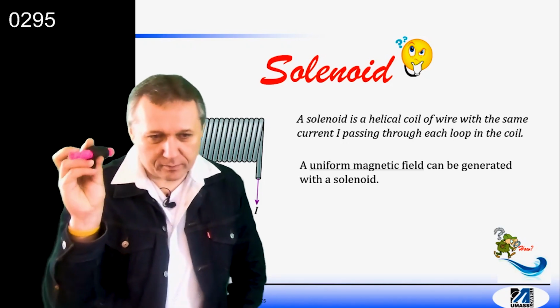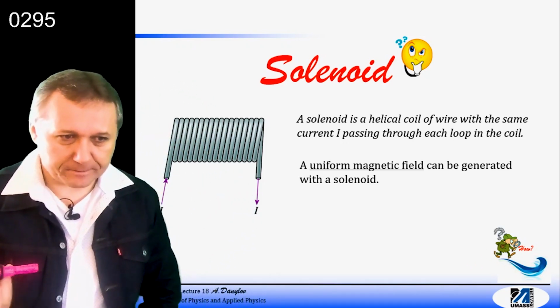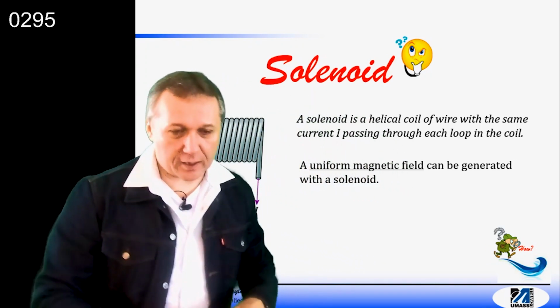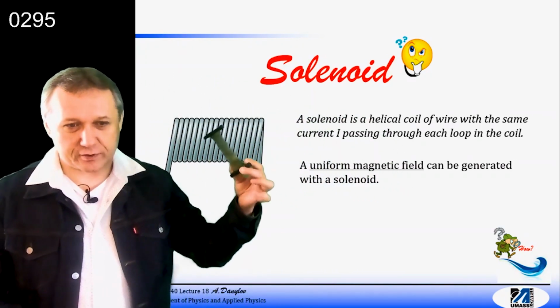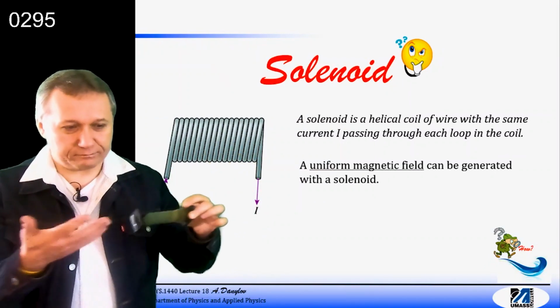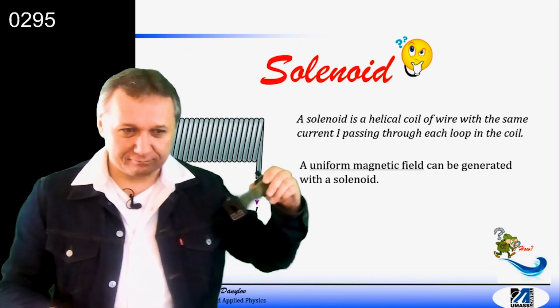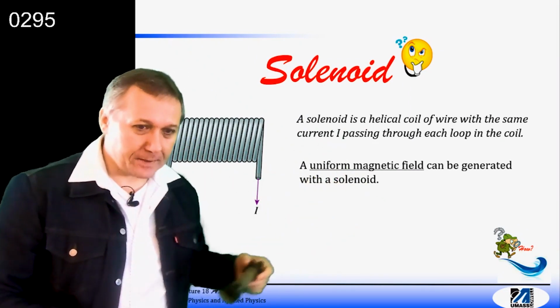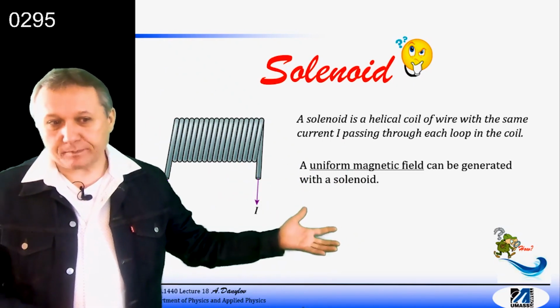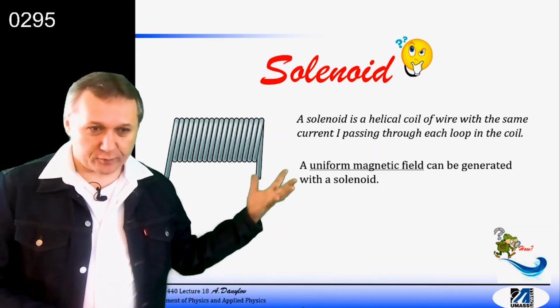Not the best one, but it will be a solenoid, right? And of course, here I took from the stock room, and I keep it because I need it almost every semester, so here's another solenoid. So how come it gives us a uniform magnetic field?